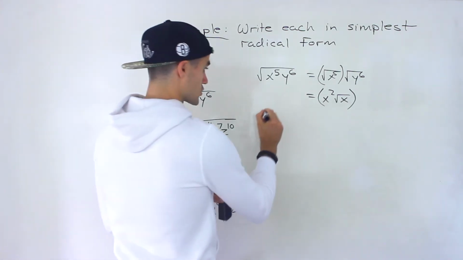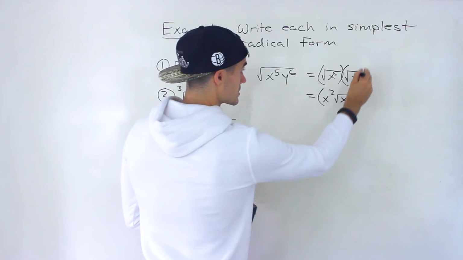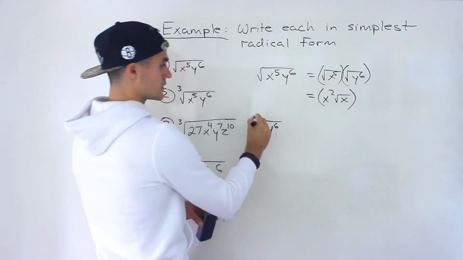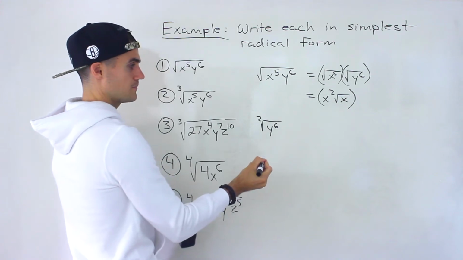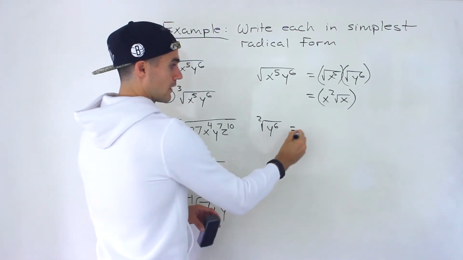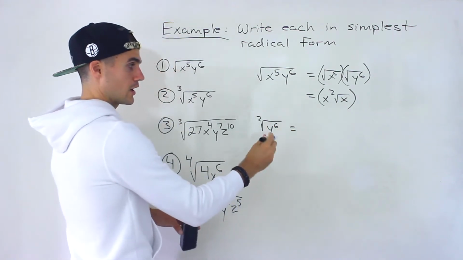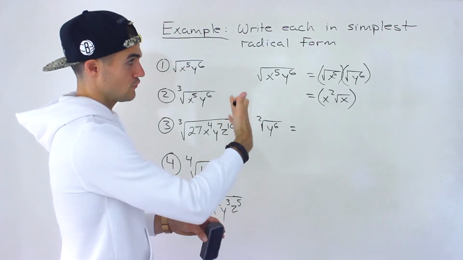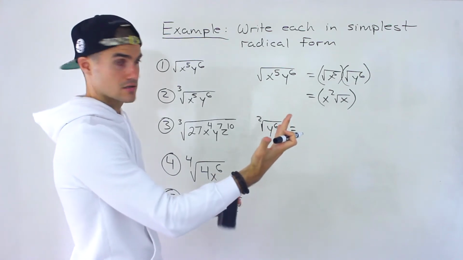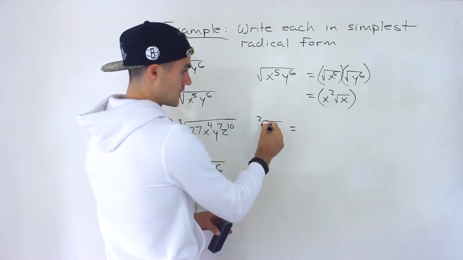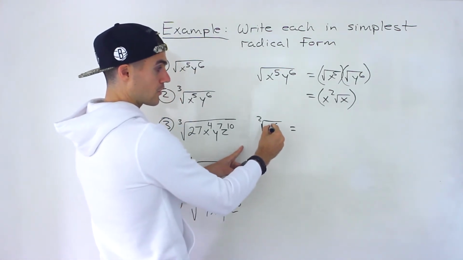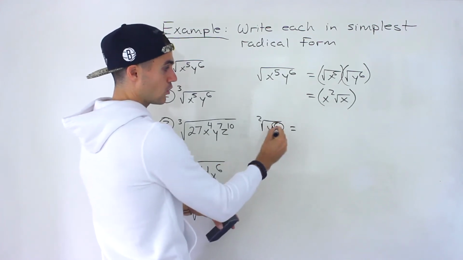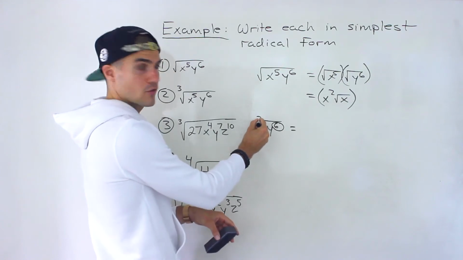So if we have the square root now, this is the other bracket, of y to the 6, there's like a 2 over here. We want to think of a number that's less than or equal to 6 and a multiple of 2. So 2, 4, 6, 6 works. So we don't have to break down this y to the 6 because this is already a multiple of 2.